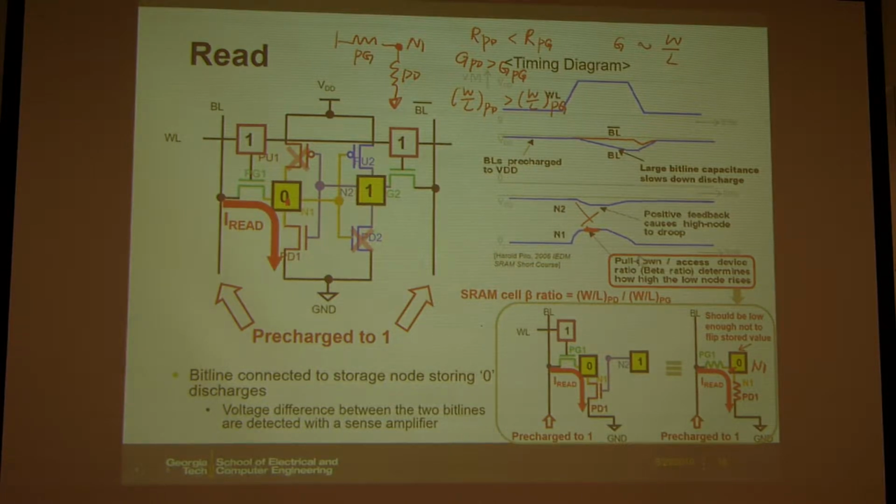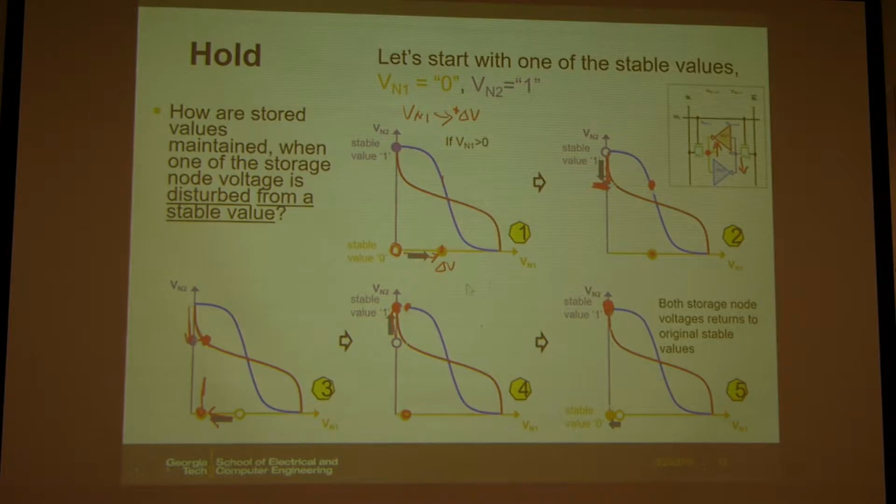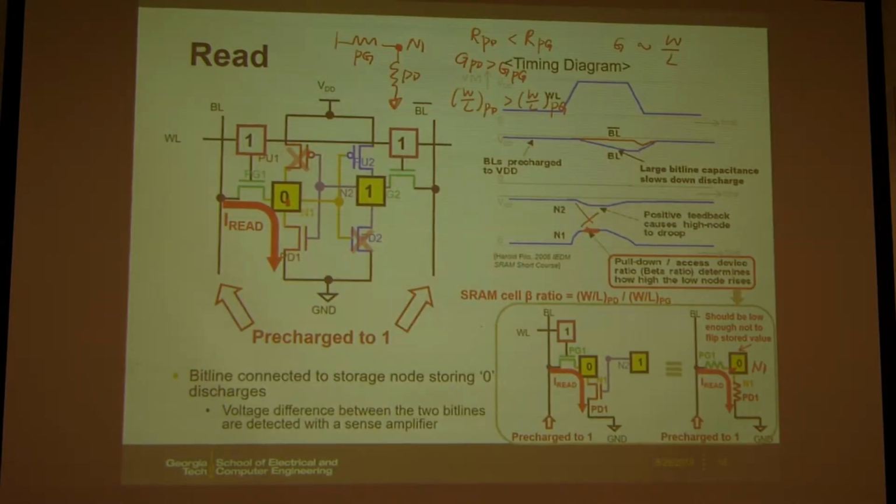This is due to this mechanism we showed here. Because the noise is small enough, this positive feedback between the cross-coupled inverter can help recover the state to the original stable points. You can think that during the read operation, this N1 node is somehow disturbed.